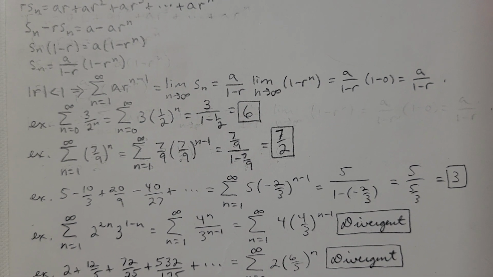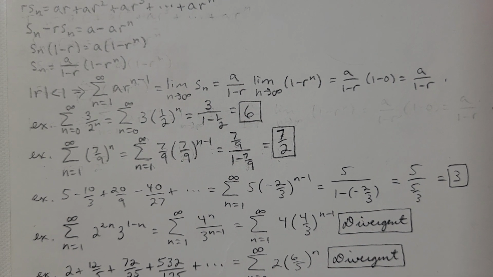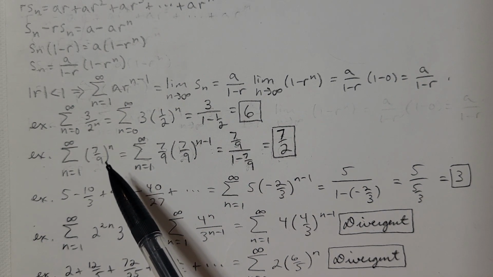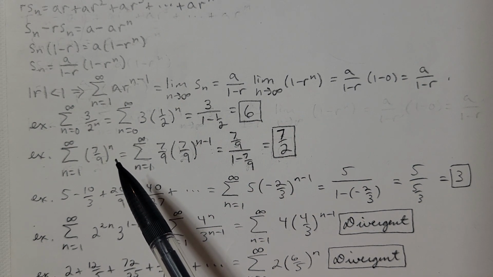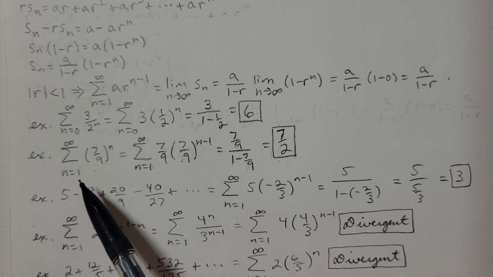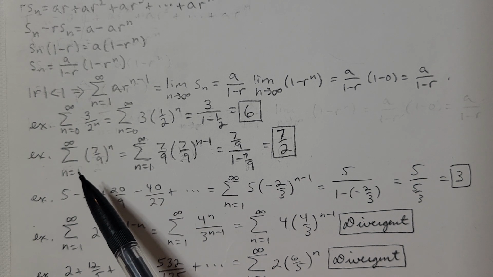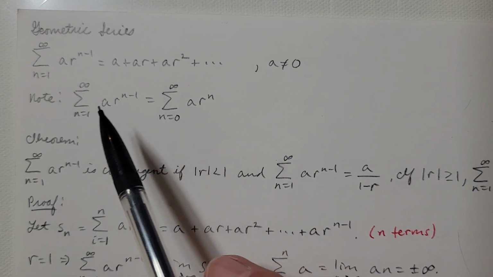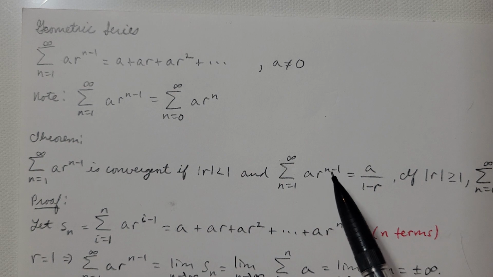Okay, let's try another one there. So in this next example, suppose I have the summation as n equals 1 to infinity of 7/9 to the n power. Now, one of the things I'm looking at is if n is 1 or n is 0, right? Because I need to make sure that my series form is correct before I go and use the formula.